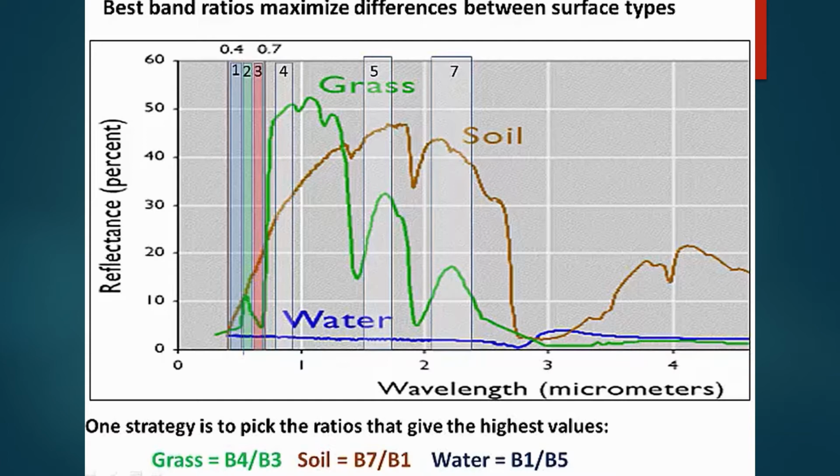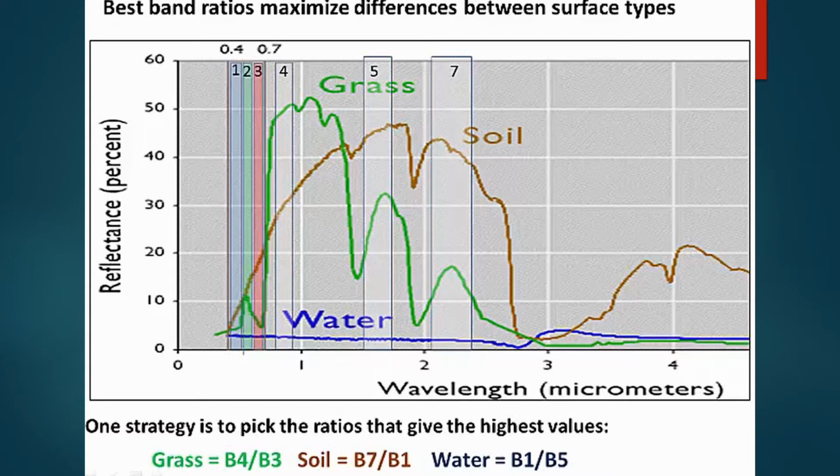This next source that I'm using is a YouTube video where the narrator is talking about the benefits of the band ratio method, and he is trying to find the best combination that will show the different features despite the shadows that may be involved in the imagery.